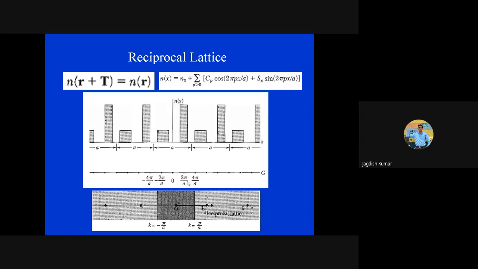So if you have a real space lattice with periodicity A, there will be a corresponding reciprocal lattice as well. It is just a way of representing a periodic lattice. You can represent a periodic structure with the help of a real space lattice, or you can equally well represent it with the help of a reciprocal space lattice. So both are equally good. It is not like one is better than the other.